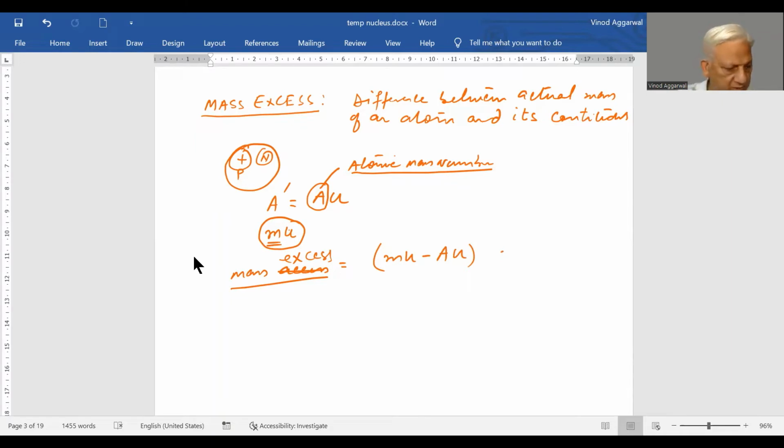This mass excess is in terms of energy, because as per Einstein's E is equal to mc squared. Actually, this mass excess is coming because of this reason, that mass is convertible to energy.